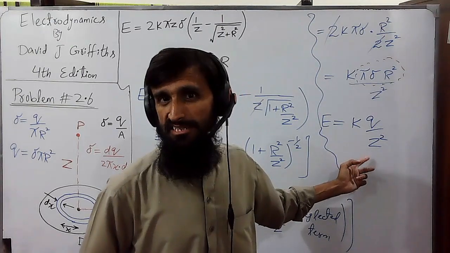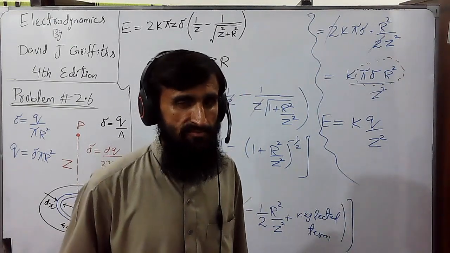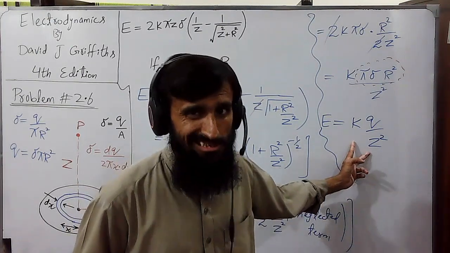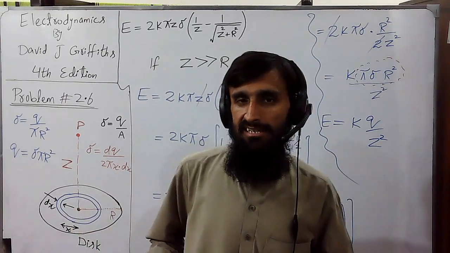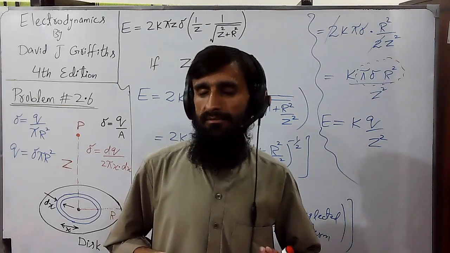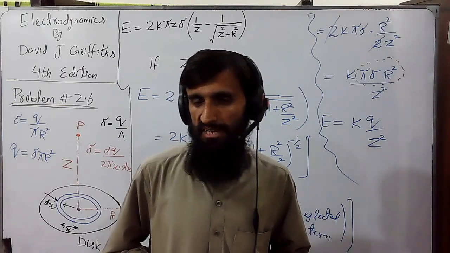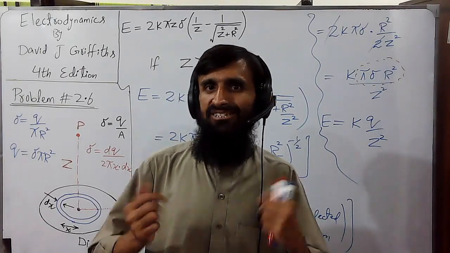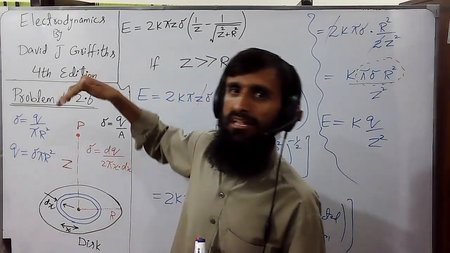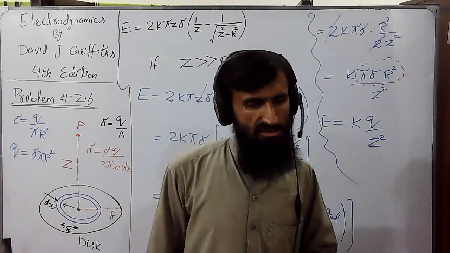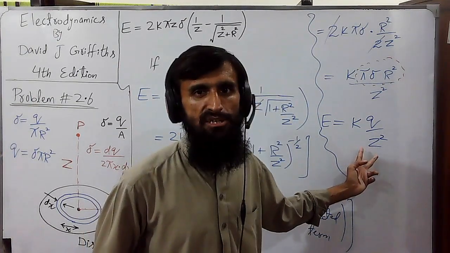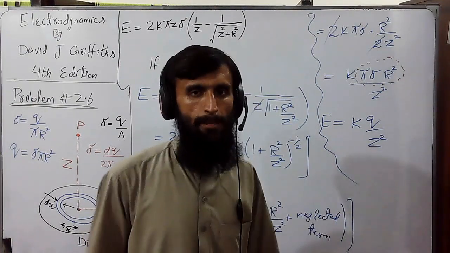Now again, what does this expression tell us? It tells us that this disk is behaving like a point charge for a point very far away from it, because we are well aware that this is the expression of the electric field for a point charge.